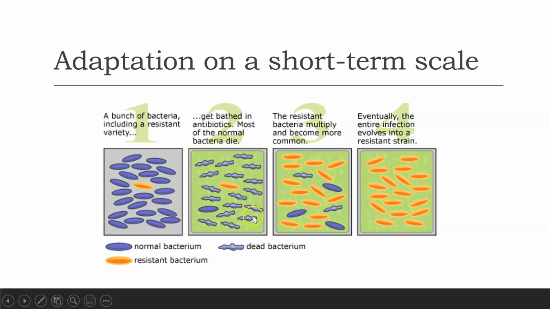You start taking your antibiotics, it kills off all those bacteria, but it doesn't kill off the antibiotic resistant one, and eventually it just evolves into a resistant strain. So here's an animation showing bacteria adapting to differing levels of antibiotics.